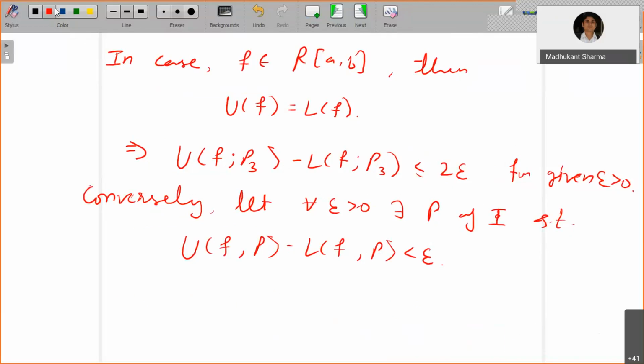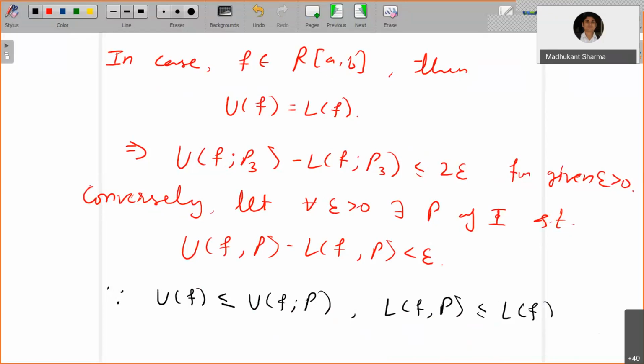Now since U of f is less than or equal to U of f,P, and L of f,P is less than or equal to L of f, what can you tell about U of f,P minus L of f,P here?